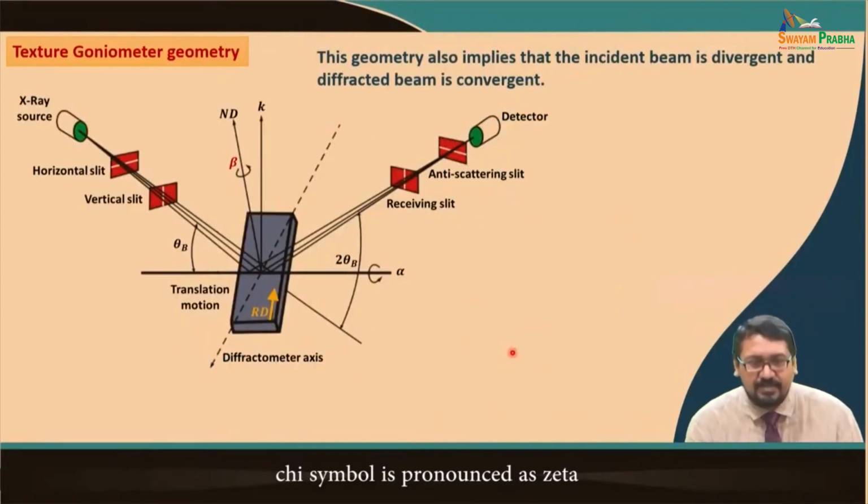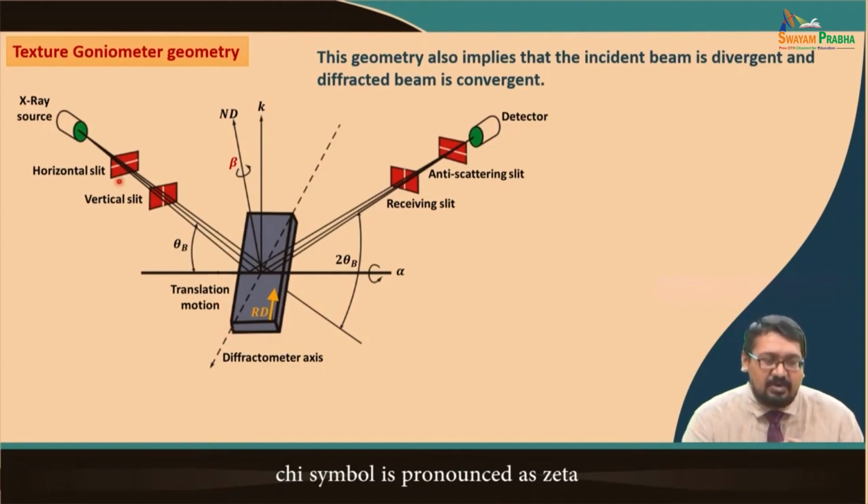So, you see that the texture goniometric geometry consists of an X-ray source, which has a divergent beam and a convergent diffracted beam, and in order to make this divergent beam and the convergent beam smaller, various kinds of slits are used.